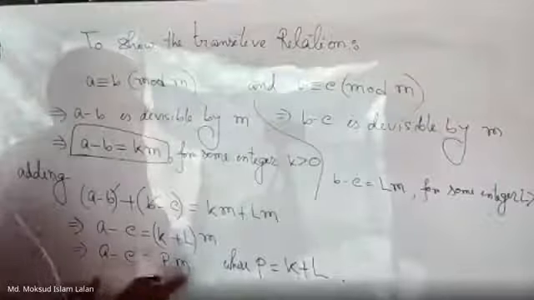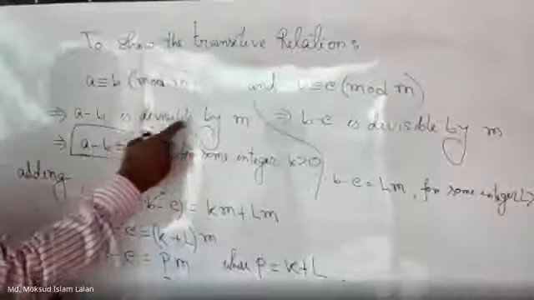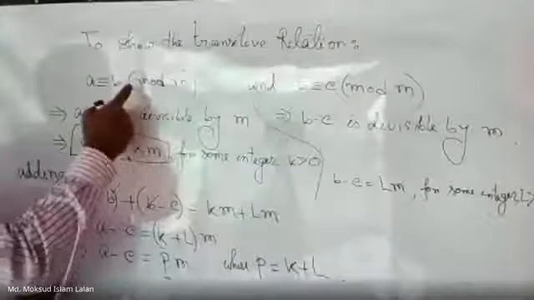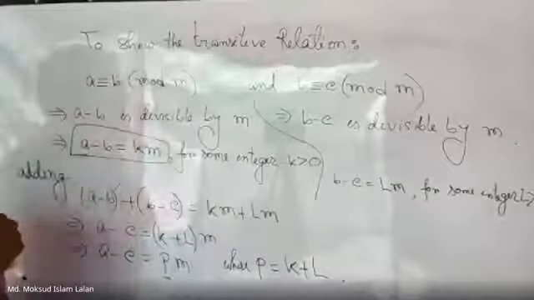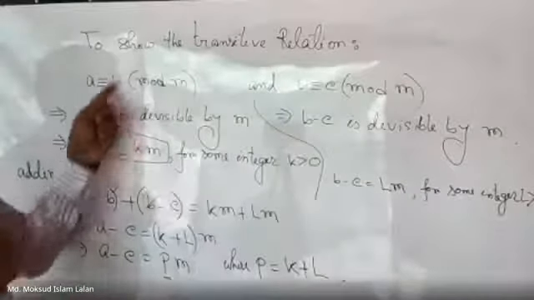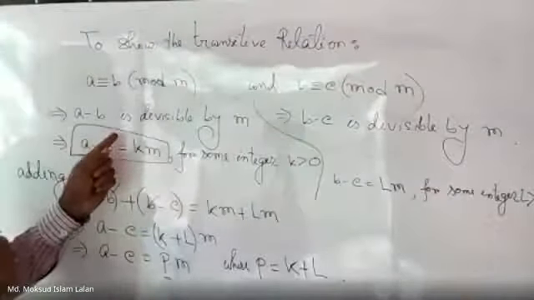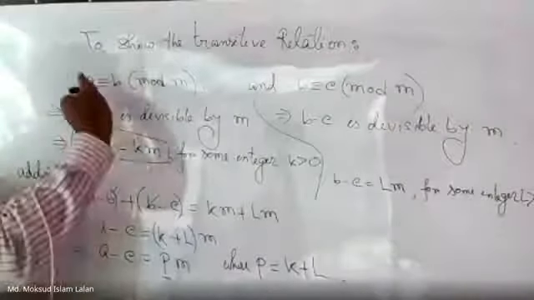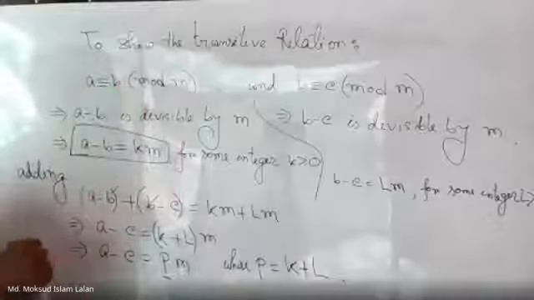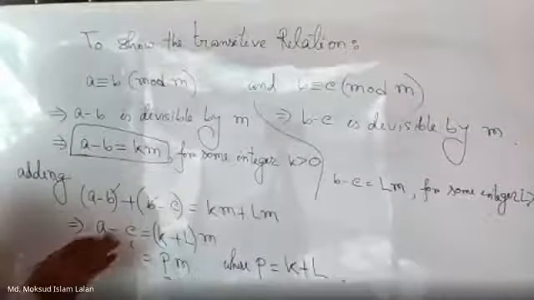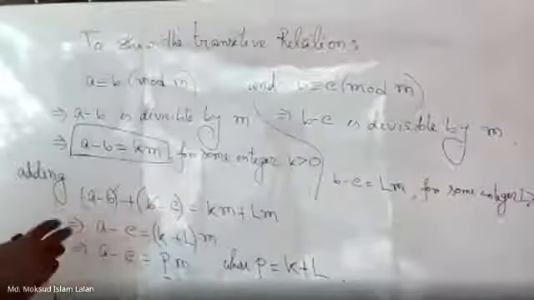Can I write? Yes, sir. So since A minus B is divisible by M, in the previous line what is the meaning? It means A congruent to B modulo M. Do you understand? By going to the reverse, backward. Do you understand or not? We are just concluding from this line, okay?